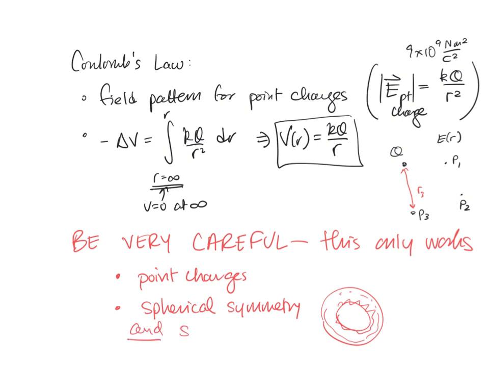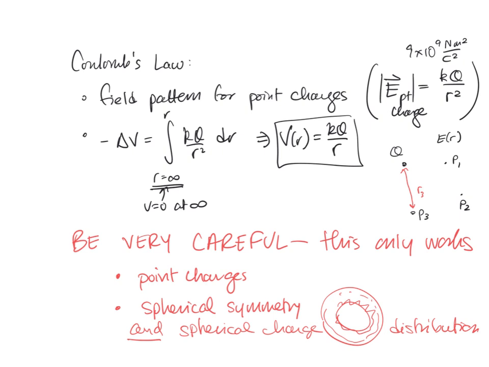Maybe what I'm saying is redundant, some people would probably say that, but that's okay. You have to know it's a sphere and it has a spherical charge distribution. If you don't have these two things, you may not use Coulomb's law.